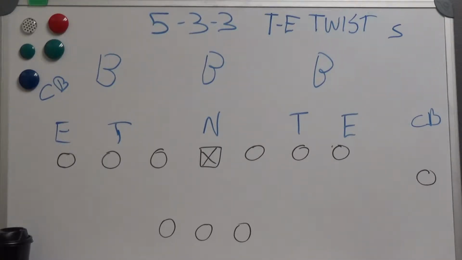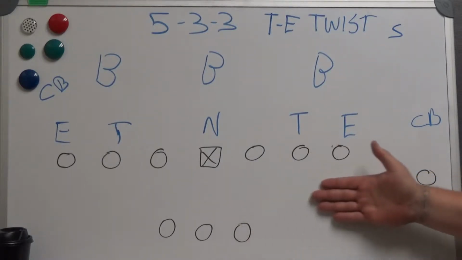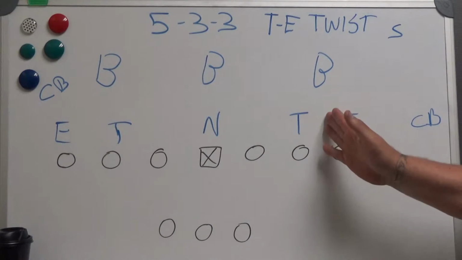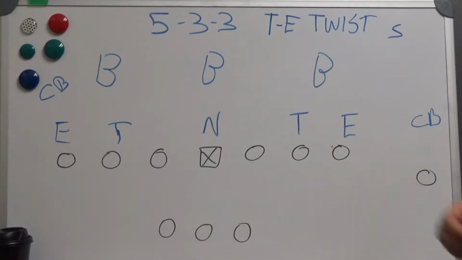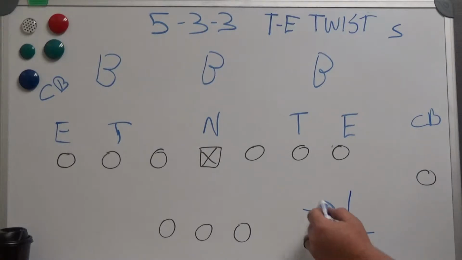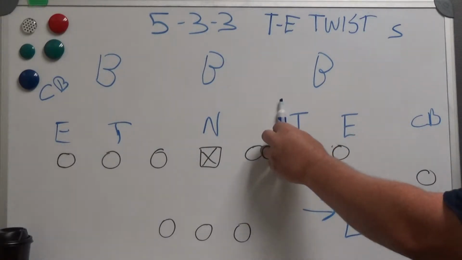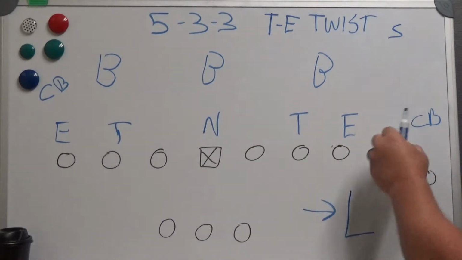So for today's purposes, we are always going to consider our defensive left side, as we're looking at the offense, the offensive right side, as strength. So strength is always called to the left. So this would be the strong side, because they're to the defensive left.